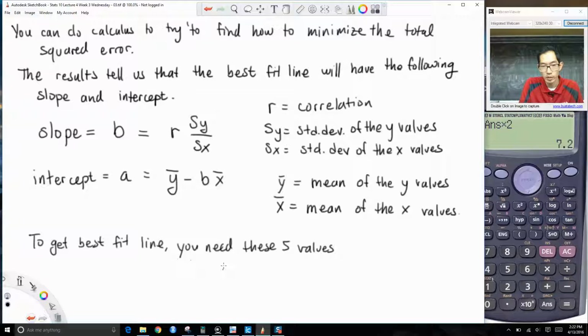We know how to get the standard deviation and the mean, right? If you were given a list of x and y values, you could calculate the standard deviation and the mean if you were forced to. I probably won't make you do that. But the correlation, as far as this class goes, will be provided to you.